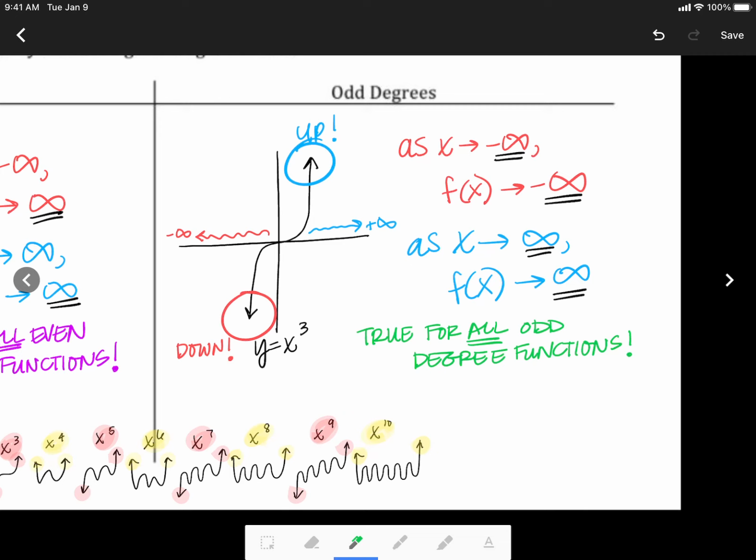It will still go down on the negative side and go up on the positive side. I always know odd functions, one side is going down, one side is going up.